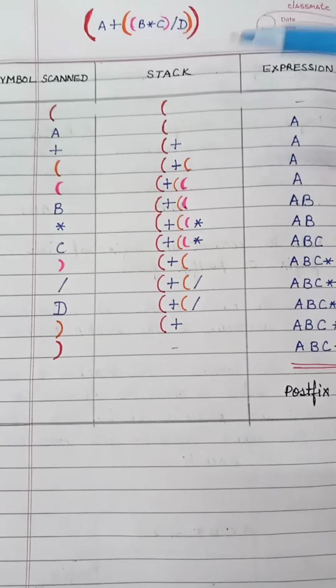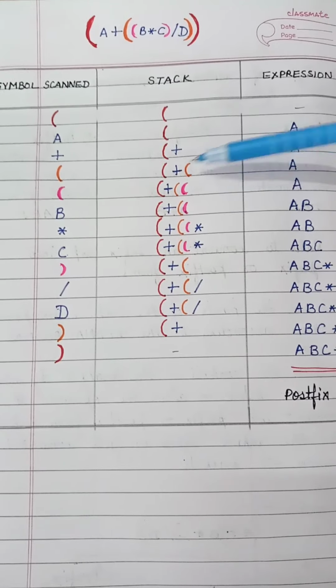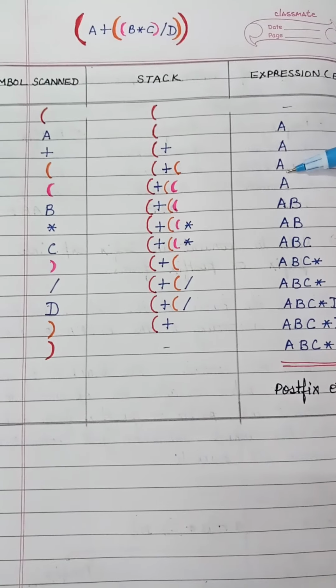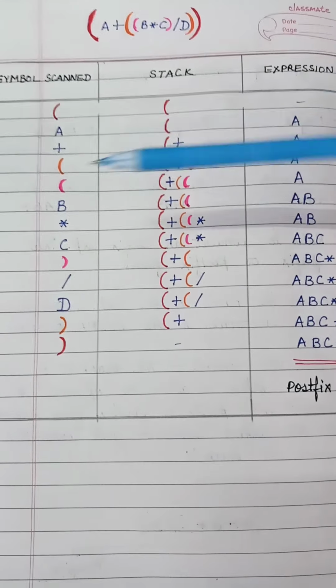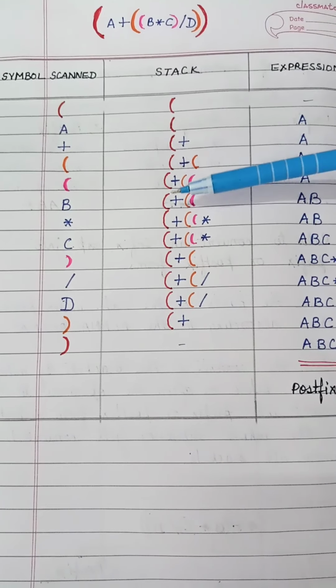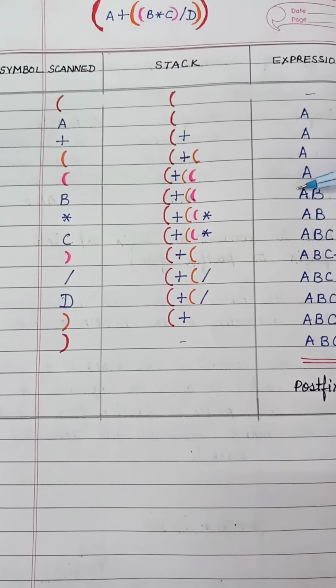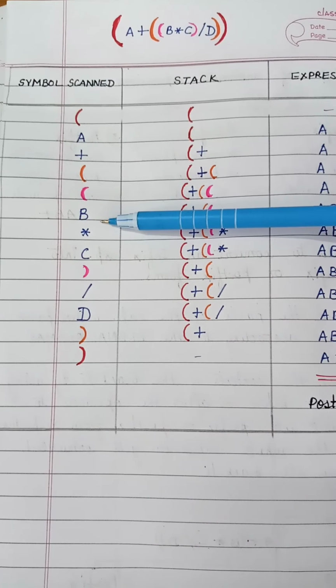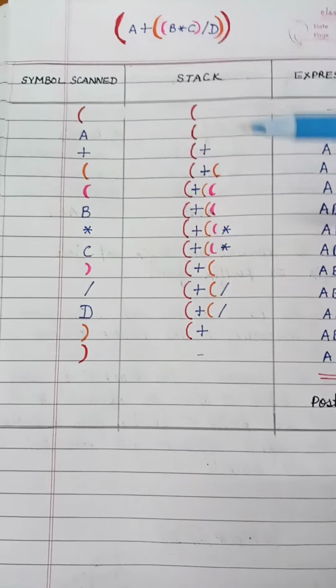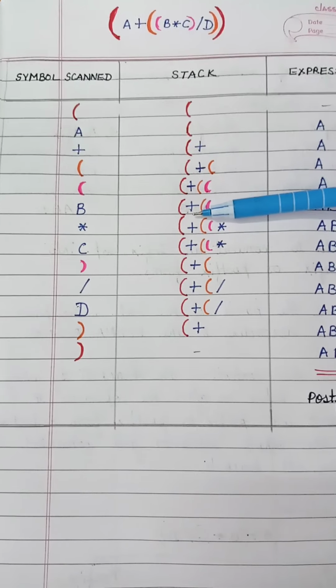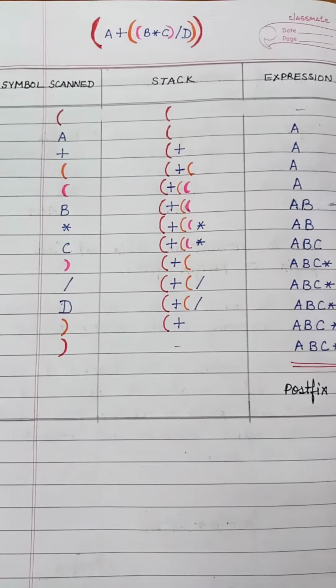Then the orange bracket: red bracket, plus, orange parenthesis, a will be the same. Then pink: red bracket, plus, orange, plus, pink, a only. Now the operand b is there, the symbol is scanned. Then red, plus, orange, pink, and expression a b.